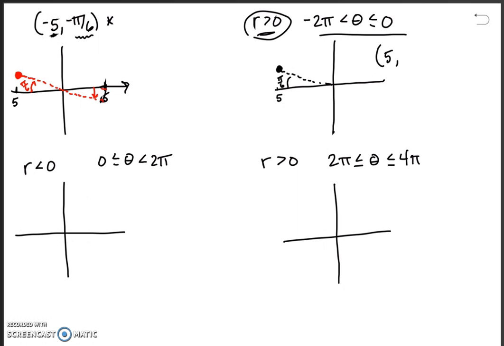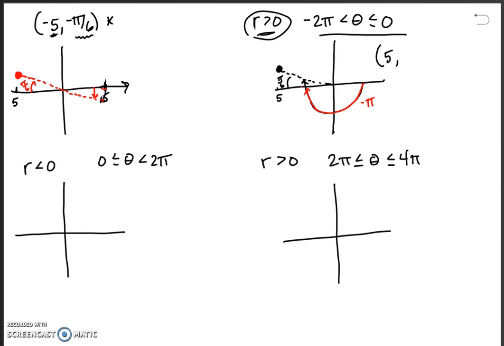Now for the rotation, because theta is between -2 pi and 0, I want to rotate from the positive x-axis in a clockwise direction so that I end up with a negative theta. If I rotate all the way over to where I want to be, going from the positive x-axis to the negative x-axis is a rotation of -pi.